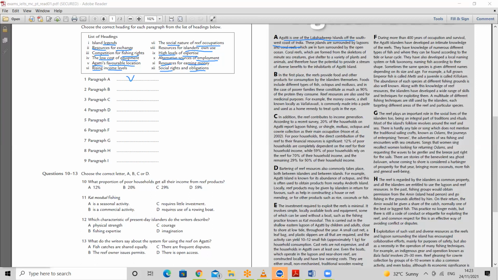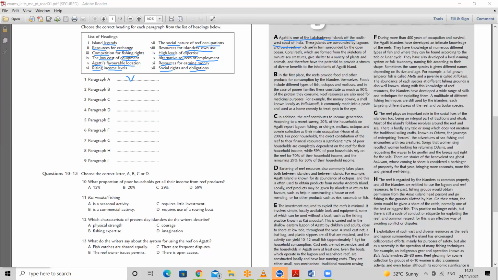Okay, now let's talk about paragraph B. If you again read the first sentence, it says that in the first place, the reef provides food and shelter. So we talk about the products, what they produce, the food and other products, for consumption, what they consume, what they use, by the islanders themselves.